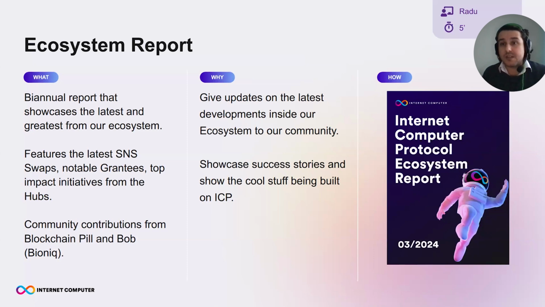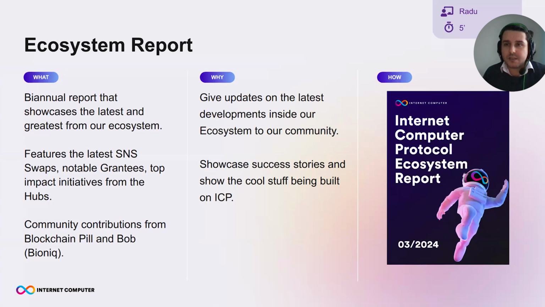What are the new trends that our ecosystem partners, our community, see as happening going forward. Then the report will also feature the latest SNS swaps. So whatever happened on that front as well, any notable grantees, and of course the top initiatives from the hubs.